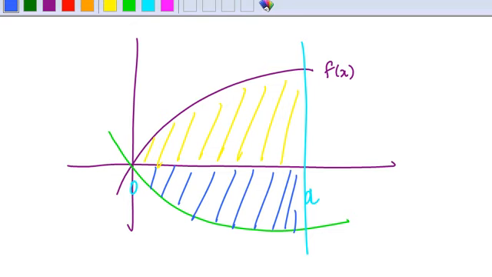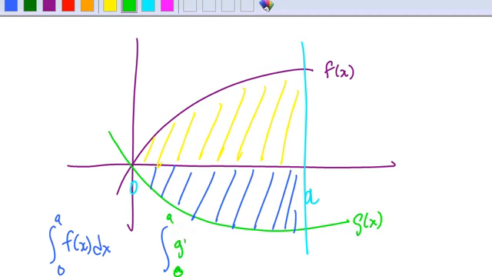So if you actually want physically the area, then you have to calculate the area of f of x underneath the curve, so that's between 0 and a. And then you calculate the integral of g of x, let's call this one g of x here, between 0 and a.